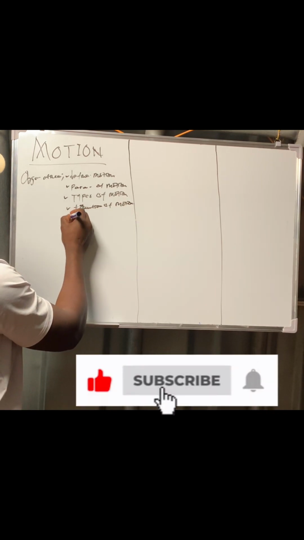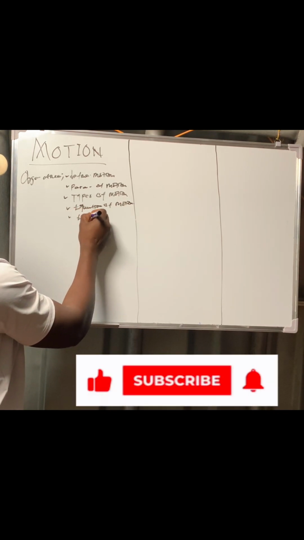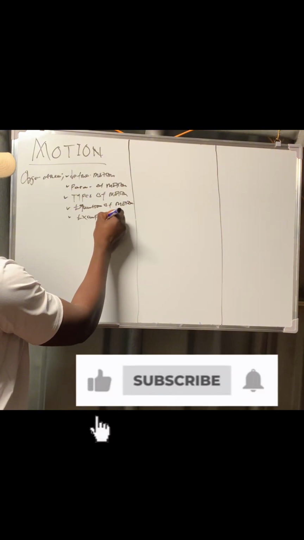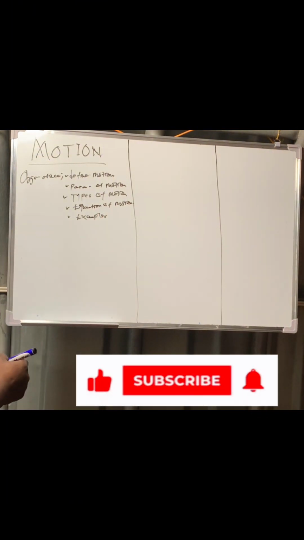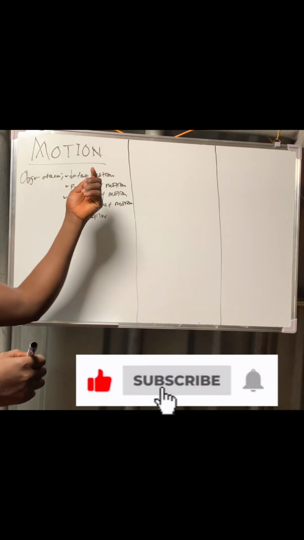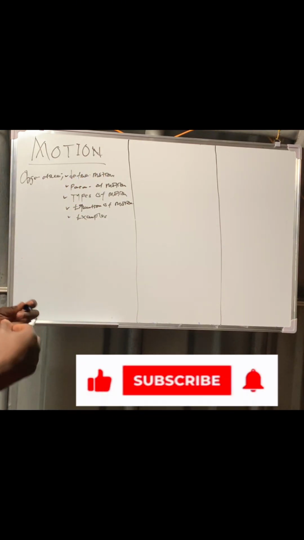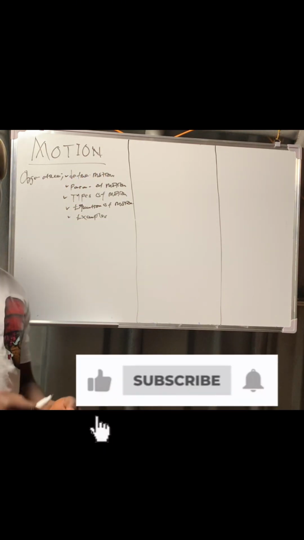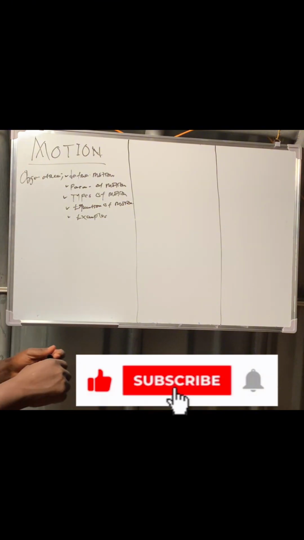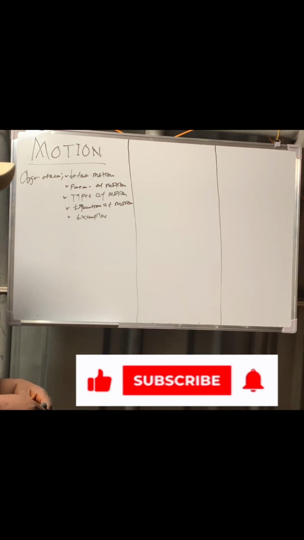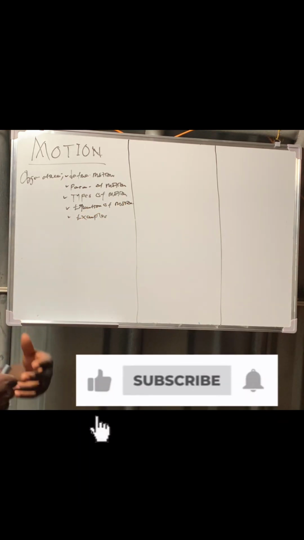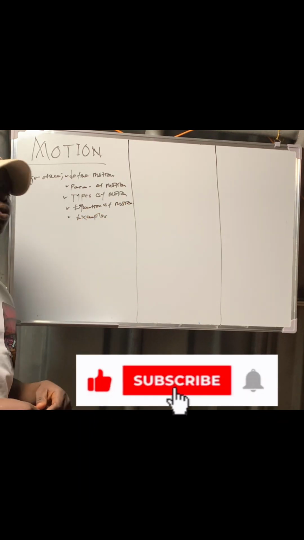And we take some examples. Let's get started. I'll teach you some basic parameters and key terminologies in motion, some types of motion, and I'll take you through the equations of motion, and I'll take certain examples for us to solve together.